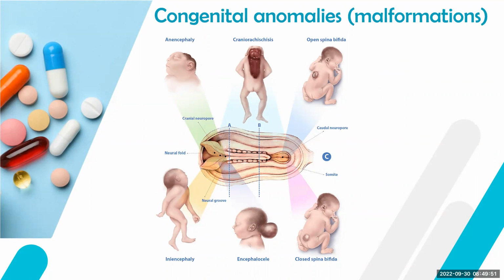We have abnormalities of the development of the cranium, like anencephaly, craniorachischisis, the open spina bifida, the closed spina bifida, and encephalocele. So all of these are actually abnormalities related to the structures around the central nervous system and not abnormalities of the nervous system.